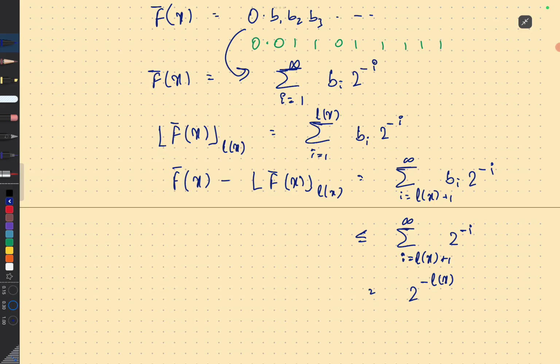Let's test this. Say 0.75. I want to find the first 4 bits in the binary representation. It's 1100.